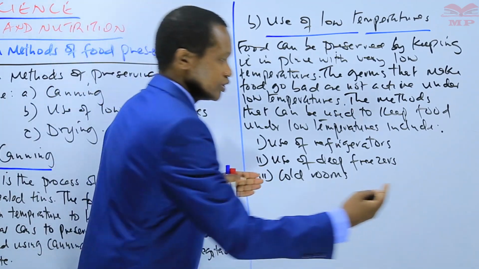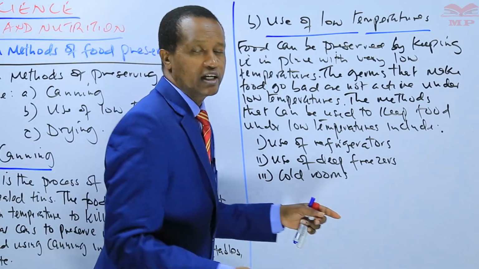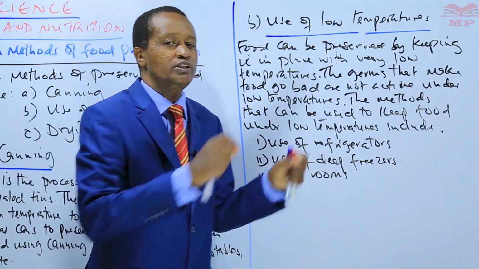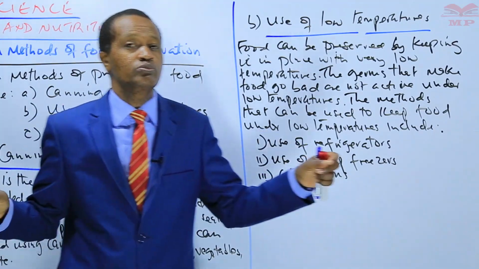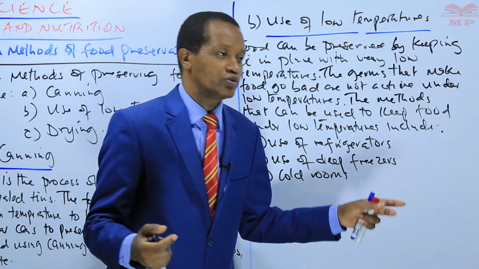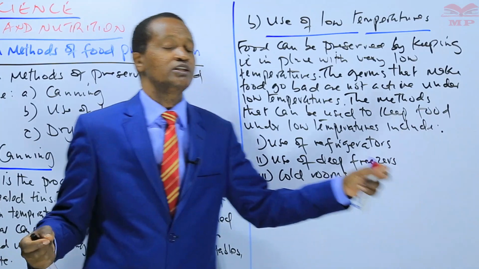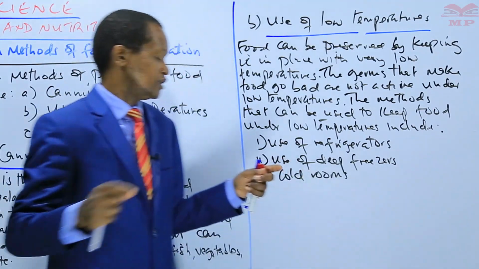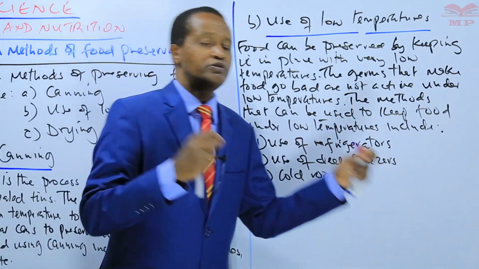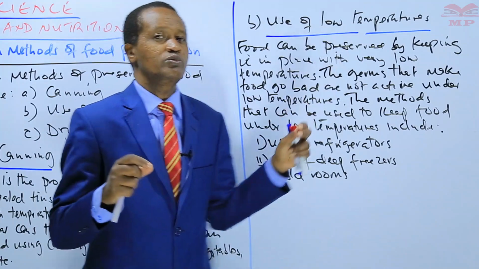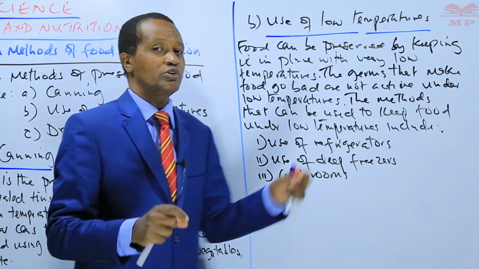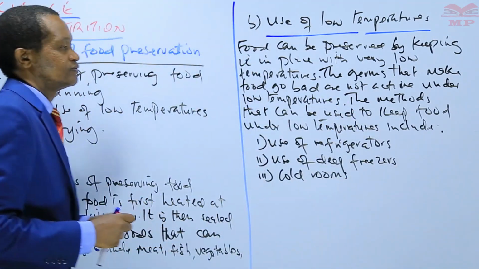The freezers are also small in size, but cold rooms are houses, learners, big houses. If you want to store large amounts of food, you can have them in a cold room. Cold rooms are used to store food meant mainly for commercial purposes. Maybe food has to be exported, or food has been harvested in large quantities and there is no immediate consumption of such food.